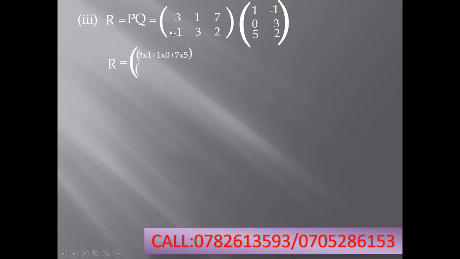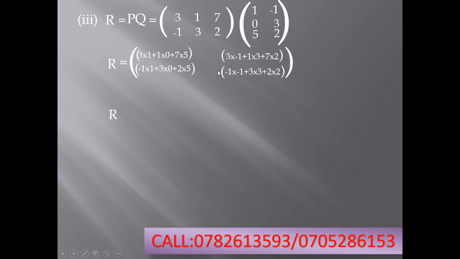We proceed to this one here: negative 1 times 1, 3 times 0, and 2 times 5. We now proceed to this: 3 times negative 1, 1 times 3, and 7 times 2. We come to this: negative 1 times negative 1, 3 times 3, and then 2 times 2.